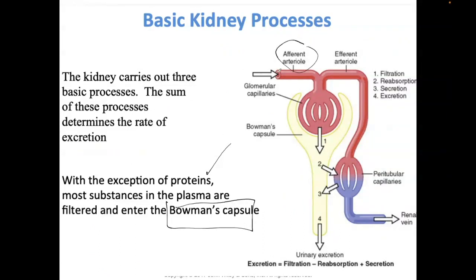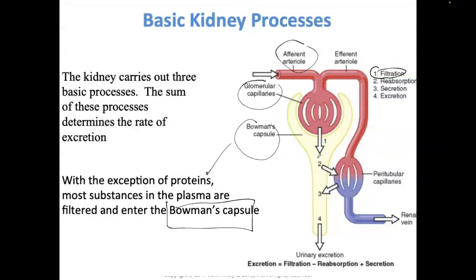Here's your afferent arteriole, your glomerulus, and your Bowman's capsule. The first part is going to be the proximal convoluted tubule. Number one is filtering. So we have some filtering.